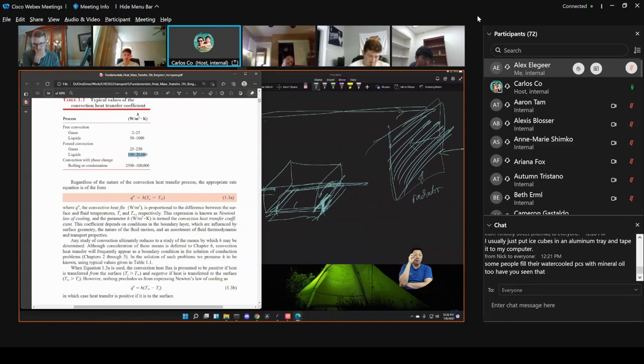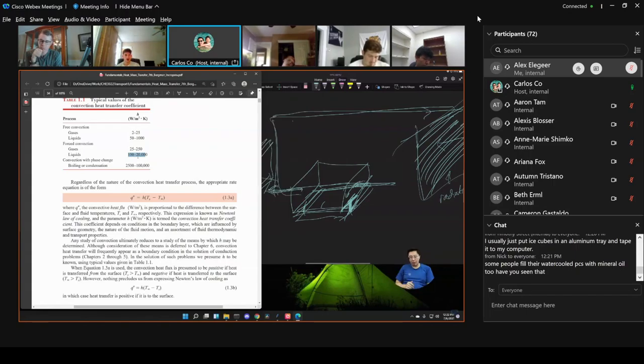Some people fill their water coolers with mineral oil. The choice of coolant you want to pass through there has many options. One of the main things is that you have a pump in that liquid cooling system, and you have these hoses, right? Remember, you run your PC for years.